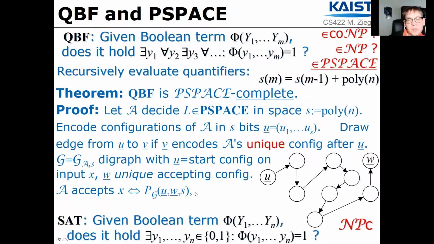So nothing is gained here. We have just reformulated the question: whether the input X belongs to L is equivalent to the algorithm A accepting input X, by the definition of A deciding L.